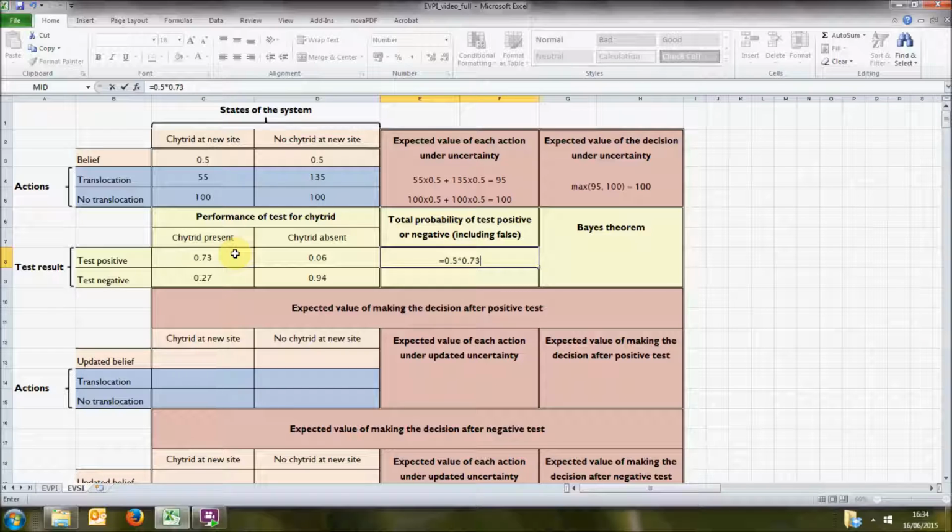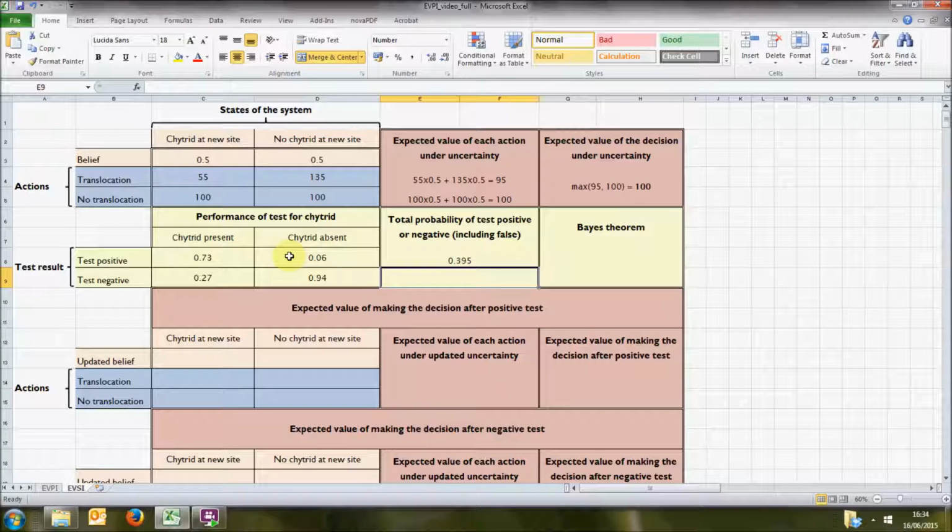Or, if chytrid were indeed absent from the site, with probability equal to our belief in that hypothesis, and the test incorrectly classified this, so the probability of a false positive. In total, there is approximately a 40% chance of getting a positive test result, including true positives and false positives.